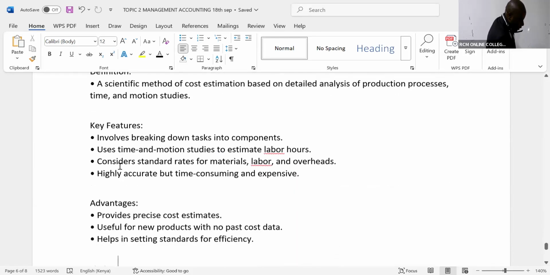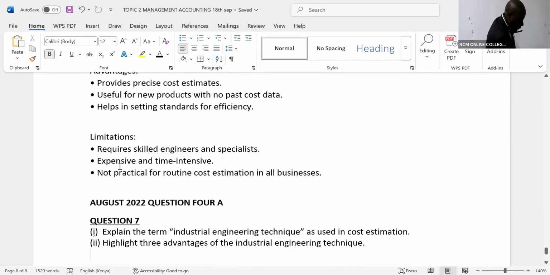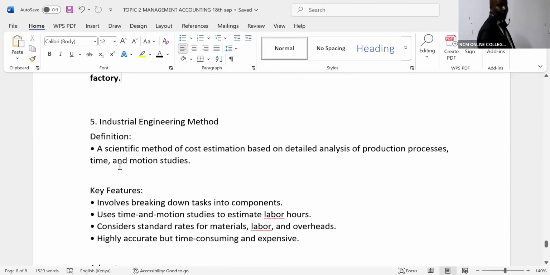I can't even see the page number, but it's there. The last page. It's called Industrial Engineering Method, on the very last page. And I will be able to read very, very fast.